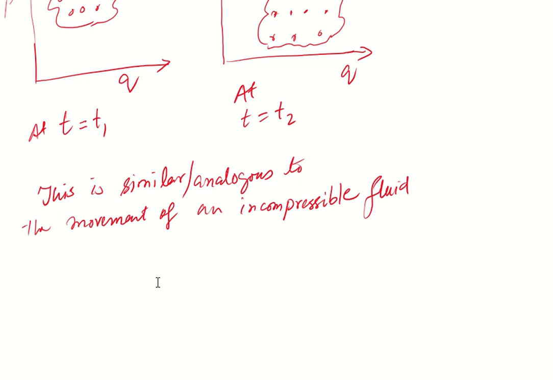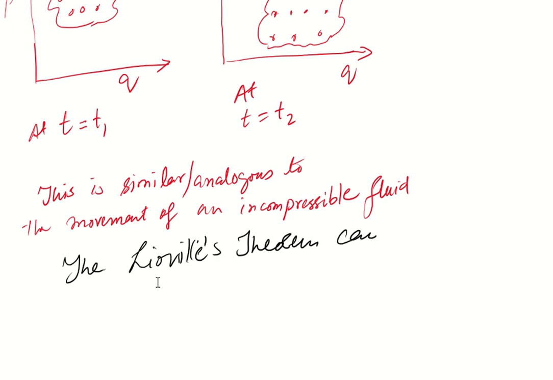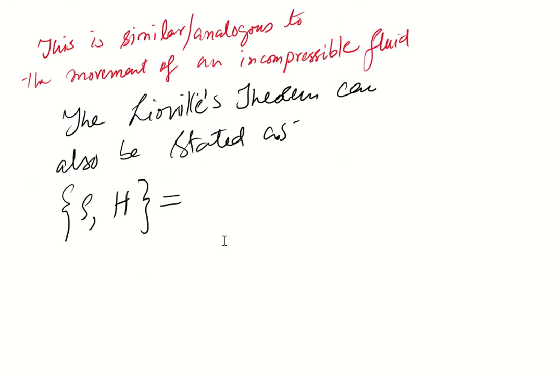Liouville's theorem can also be stated as: the Poisson bracket of rho and h should always be 0 for the system to be in equilibrium.